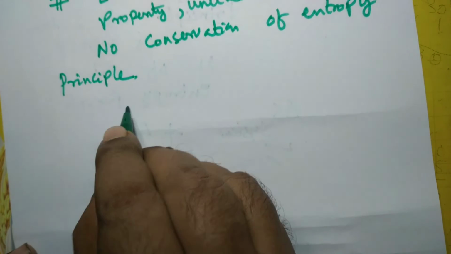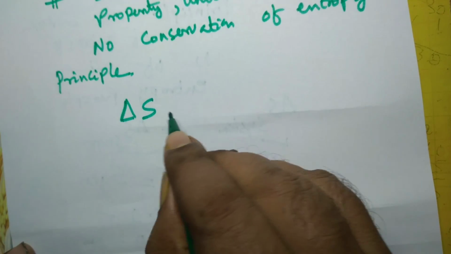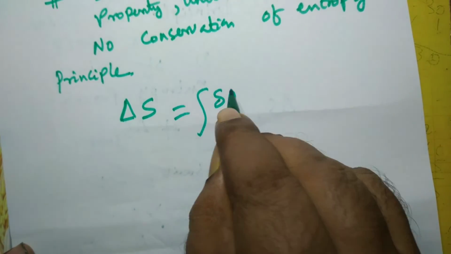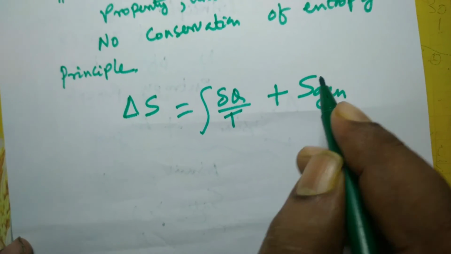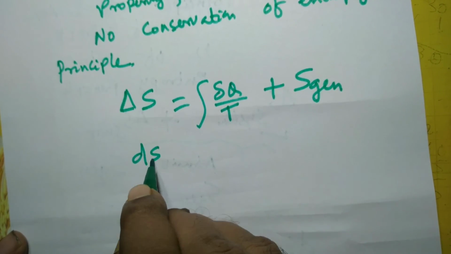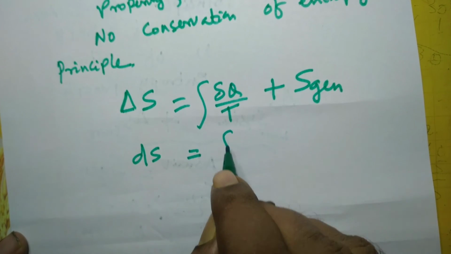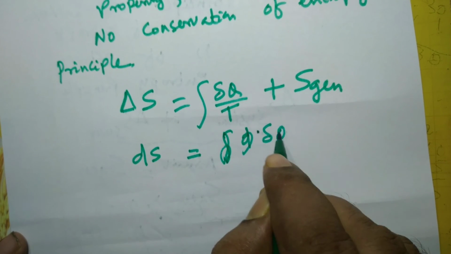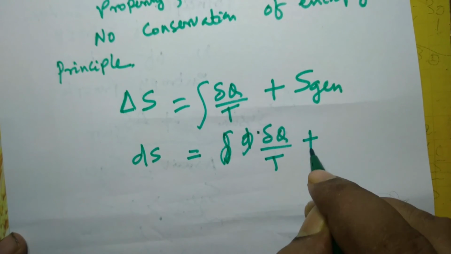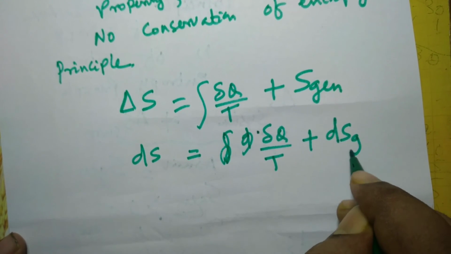And from this relationship, delta S is equal to integral of del Q by T plus S gen. Or in differential form, you can write dS equals del Q by T, or d cut Q by T, whatever you write, plus dS gen.